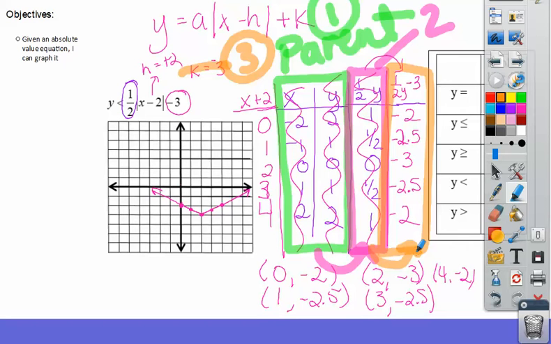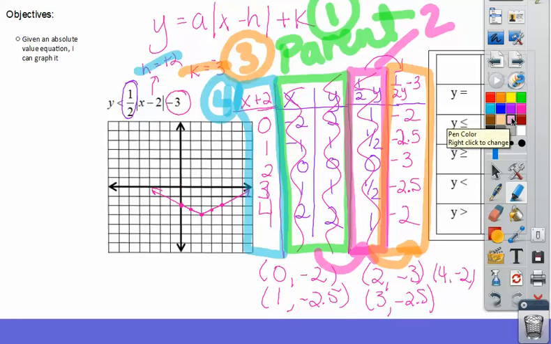And then finally, which I could have done before number 2 if I really wanted to, I took x minus 2 and I used my h value of +2 to come up with that. And what that did for me was give me coordinates to graph.